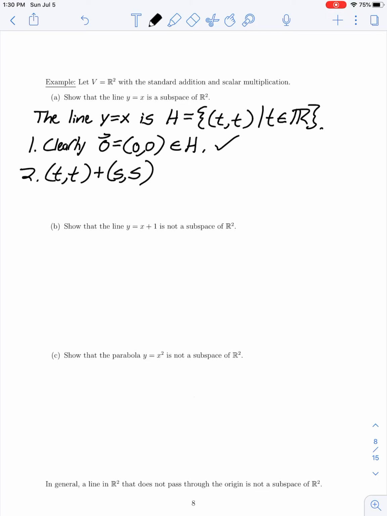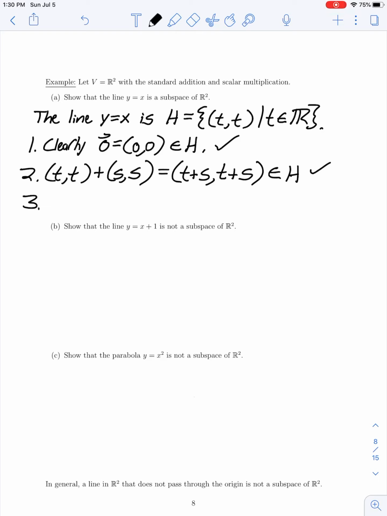So these are two vectors within that subset H. When we sum those vectors using the standard addition, we would have the vector (t plus s, t plus s). So in this summation, the new vector that we get has components which are the same. Both components are t plus s, so this is still within the space H. It's closed under vector addition.